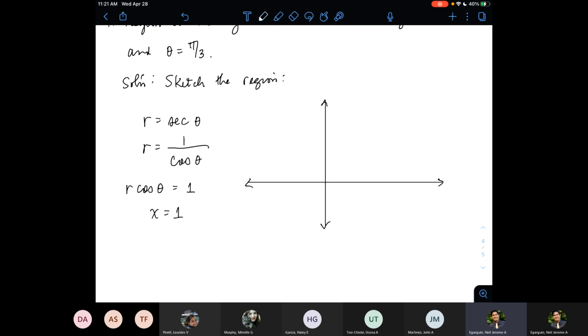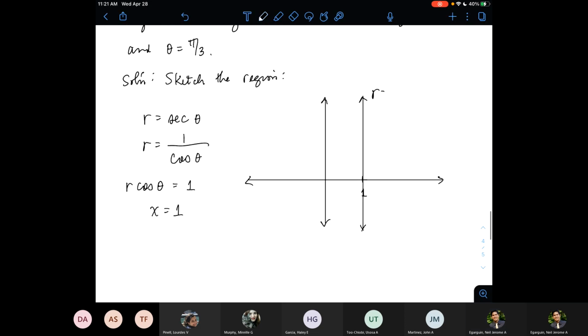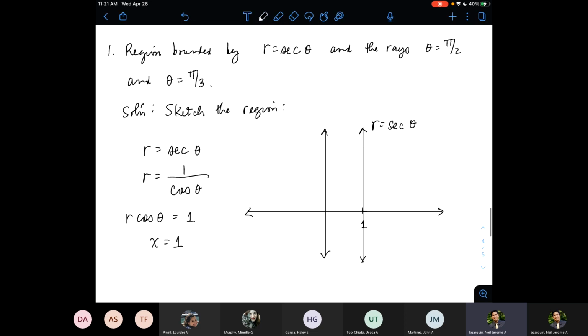So this is just x equals 1. So let's put x equals 1 here. There we go. So this is the graph of r equals secant theta, right?